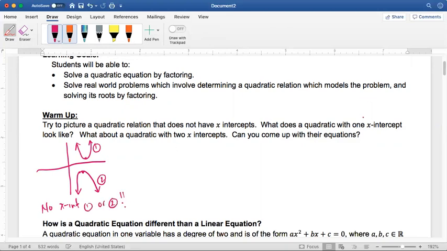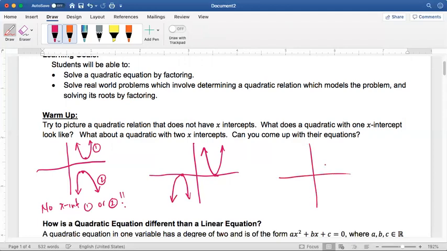Okay, if you want one x-intercept, of course your vertex is going to be on the x-axis opening upwards, or on the x-axis opening downwards. And the third scenario is two x-intercepts. So you would have your vertex below the x-axis opening upwards, or your vertex above the x-axis and your quadratic opening downwards.